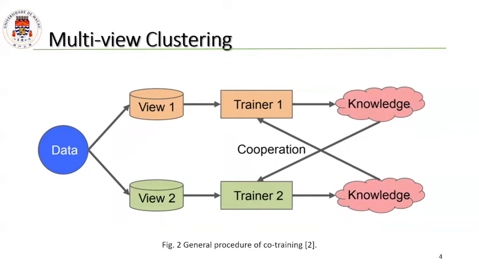Multi-view clustering, in essence, involves utilizing multiple views of input data to partition instances into different clusters. Most existing algorithms for tackling this issue can be roughly grouped into co-training style methods, multi-kernel learning methods, matrix factorization methods, and multiple spectral clustering methods.